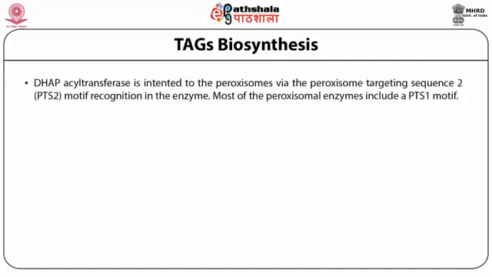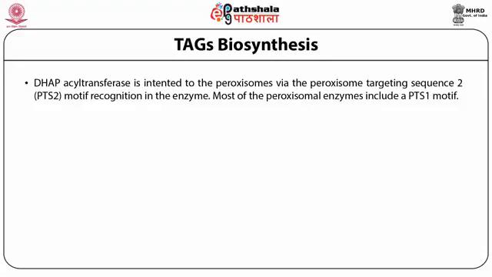In this reaction, NADPH acts as a cofactor. Dihydroxyacetone phosphate acyltransferase is directed to the peroxisomes via the peroxisome targeting sequence 2 motif recognition in the enzyme. Most of the peroxisomal enzymes include a PTS1 motif.